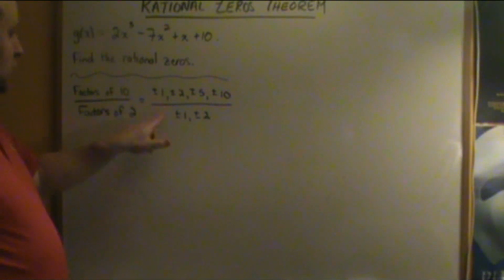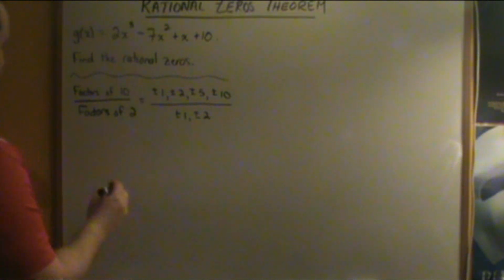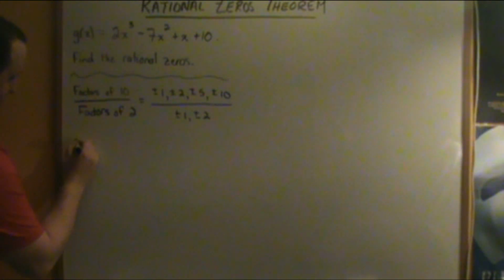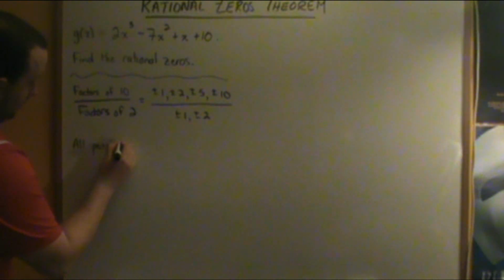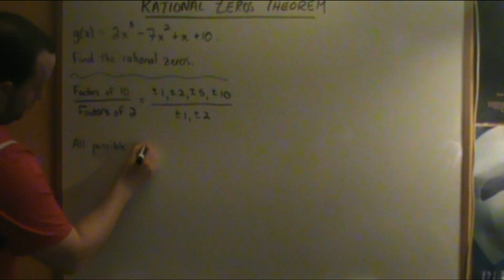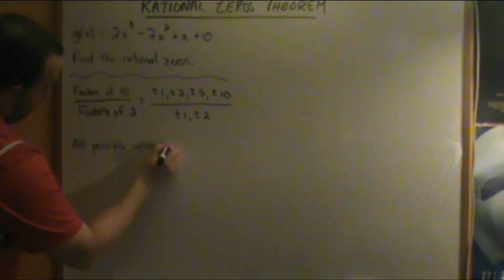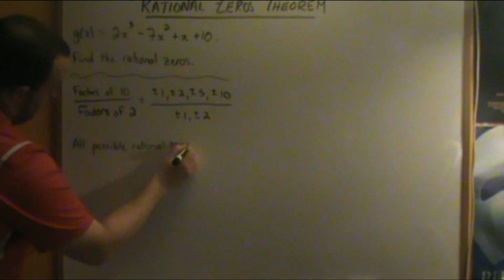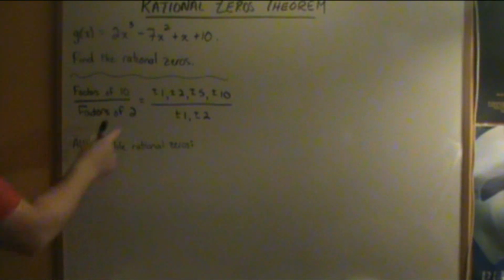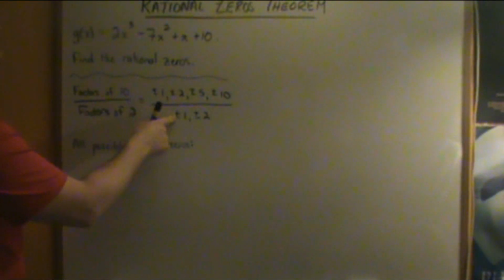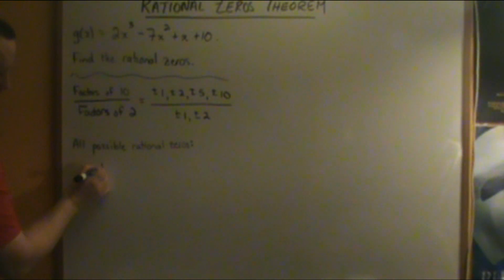Now we have to take care of all possible quotients here. So all of our possible zeros, all possible rational zeros, are as such. Positive or negative 1 divided by positive or negative 1 is positive or negative 1.